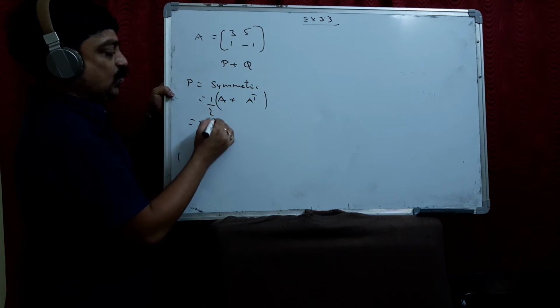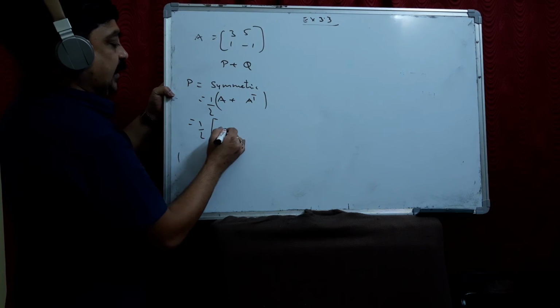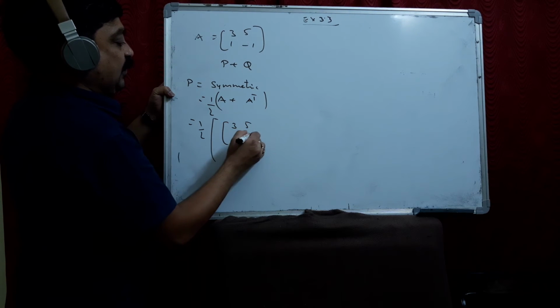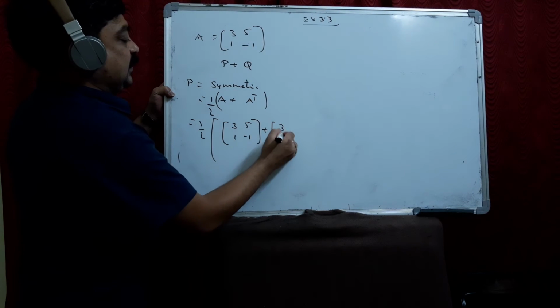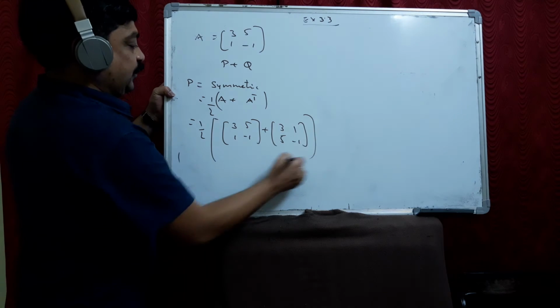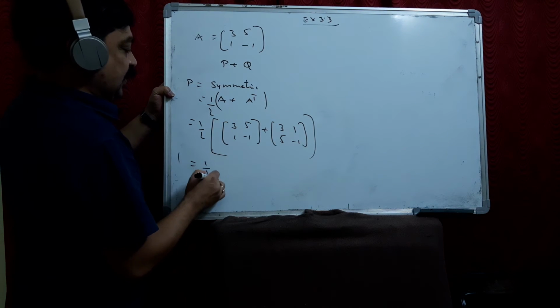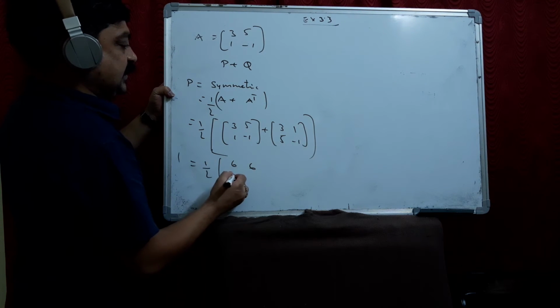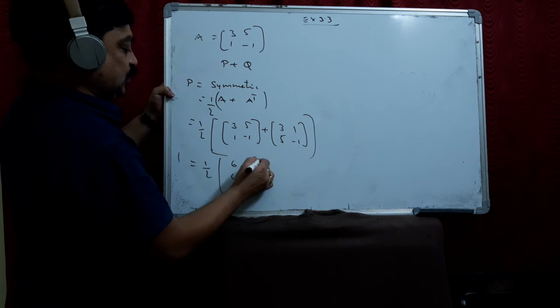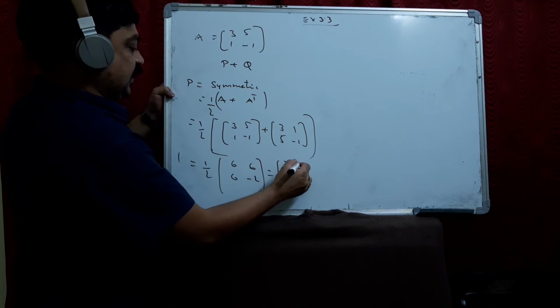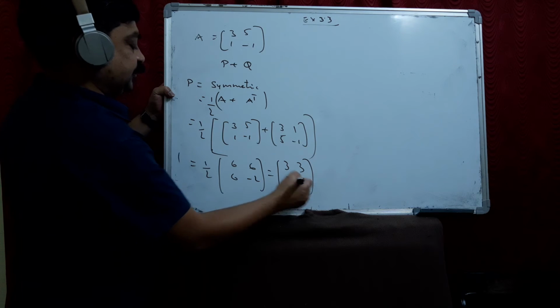So we take 1 by 2 outside. Let us write A. 3 5 1 minus 1 plus 3 5 1 minus 1. So it becomes 1 by 2 outside, 6 6 6 minus 2. So it becomes 3 3 3 minus 1.